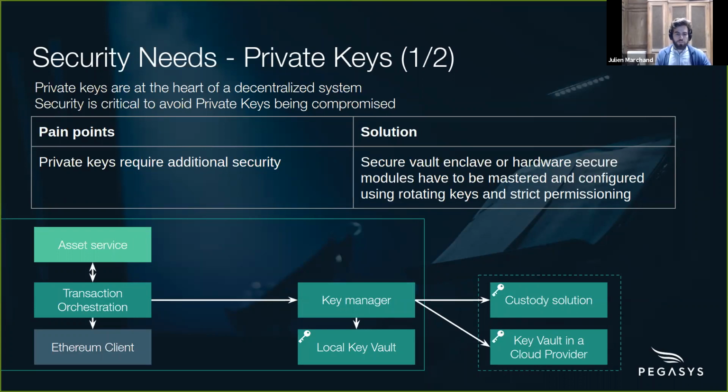The complexity here is that this secure software is quite complex to master and to properly put into production. You have to properly configure and use rotating keys, which are the access keys to the key vault itself. So you need to make sure that when your key manager tries to access your key vault, it will access it with keys, and that these access keys are properly rotated in case they are leaked.